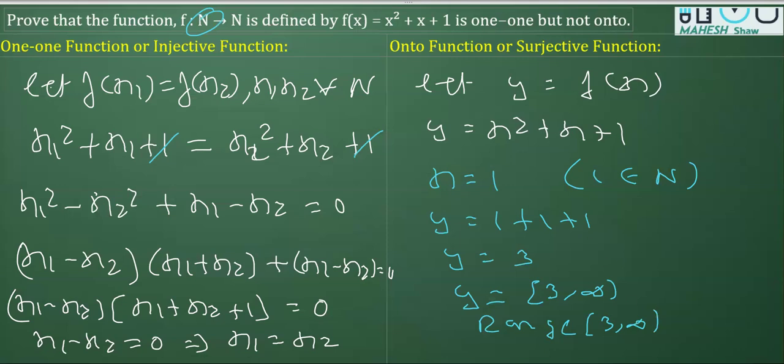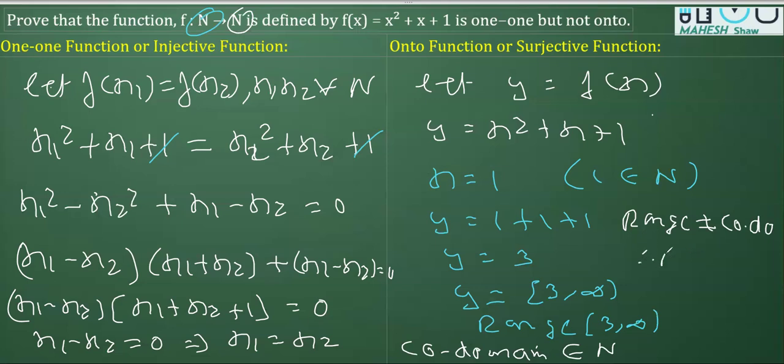But what is the codomain? The codomain is all natural numbers. So you can see that the elements 1 and 2 are not the image of any element in the domain. So we'll write that the range is not equal to the codomain.